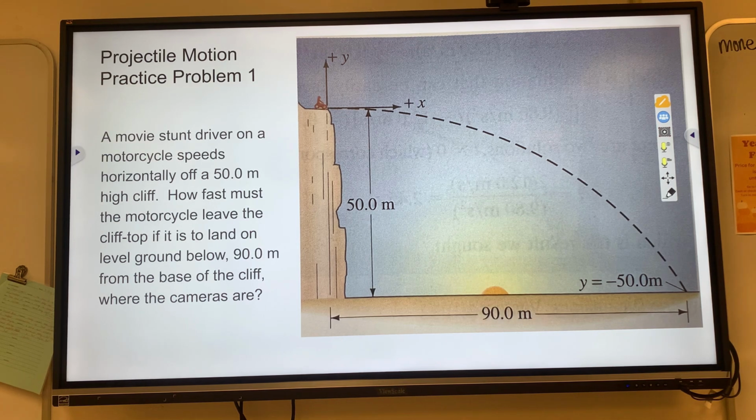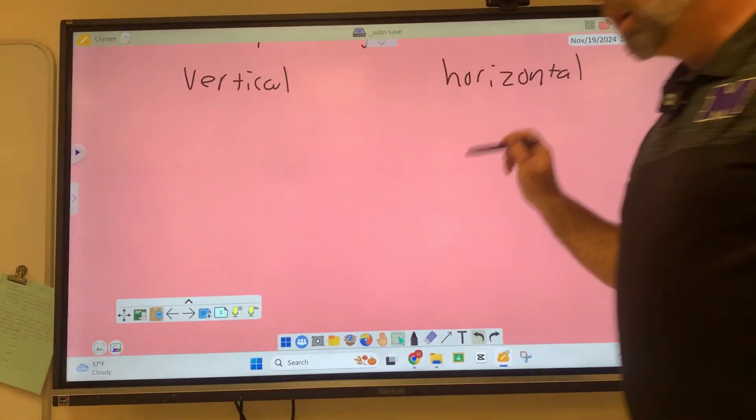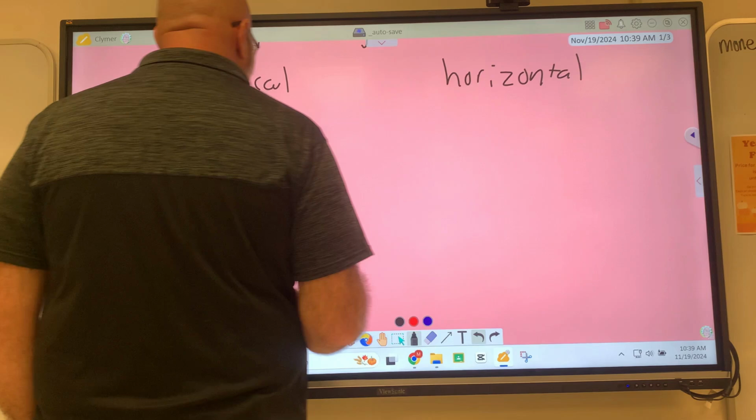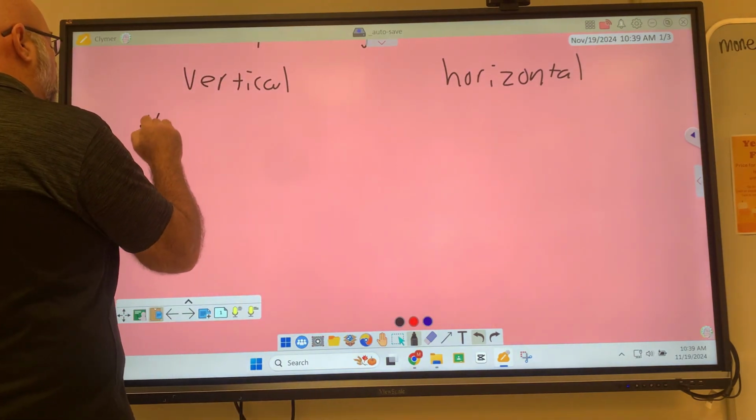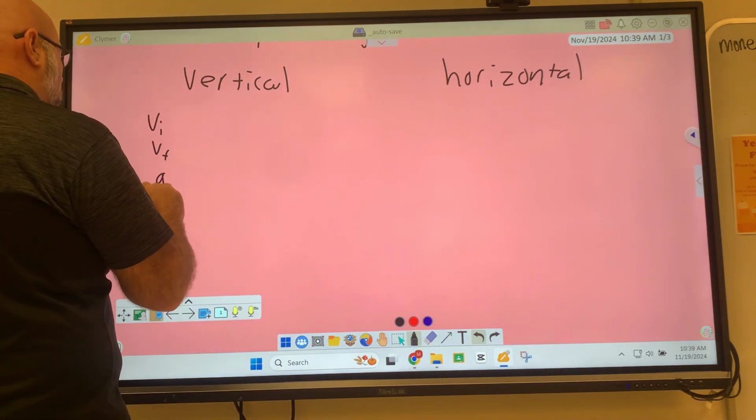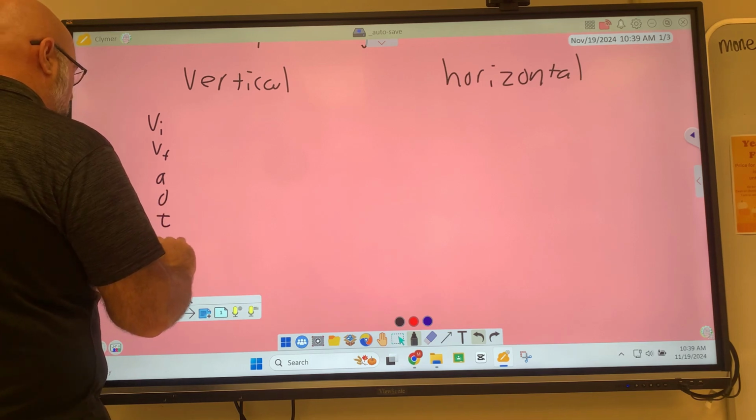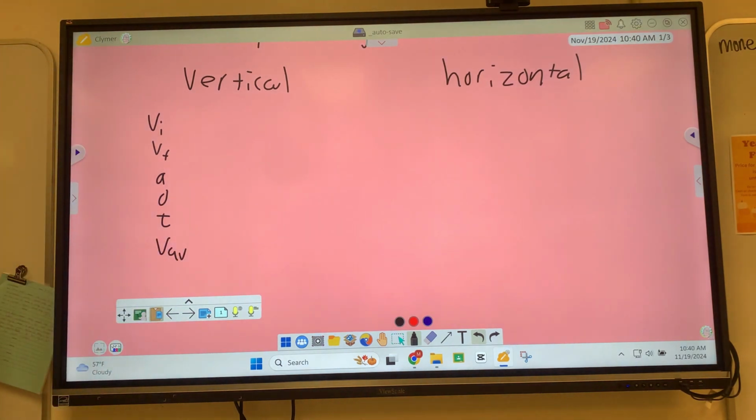So now let's go back to the math. We have a vertical component of our problem. And now this starts to look a lot like Unit 1, where we have velocities, accelerations, distances, times.